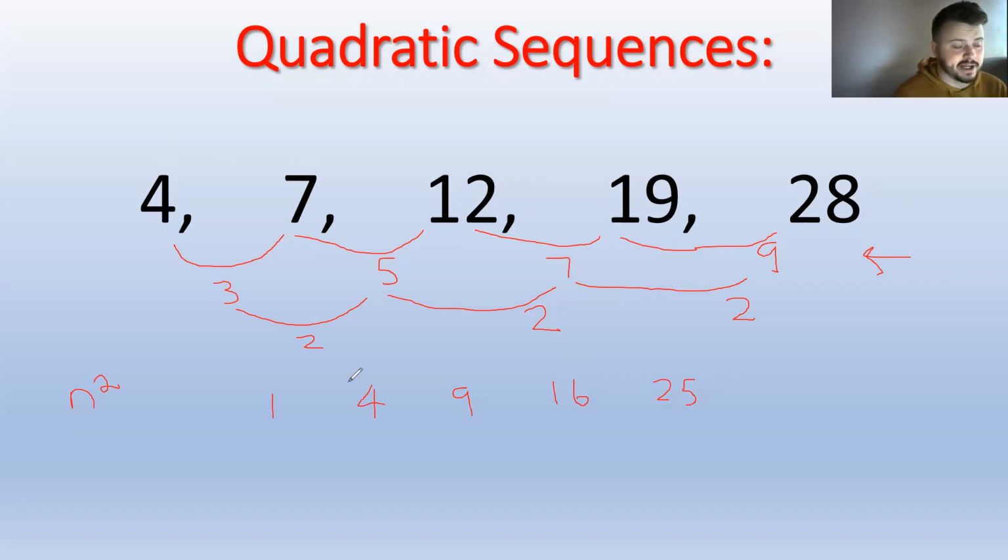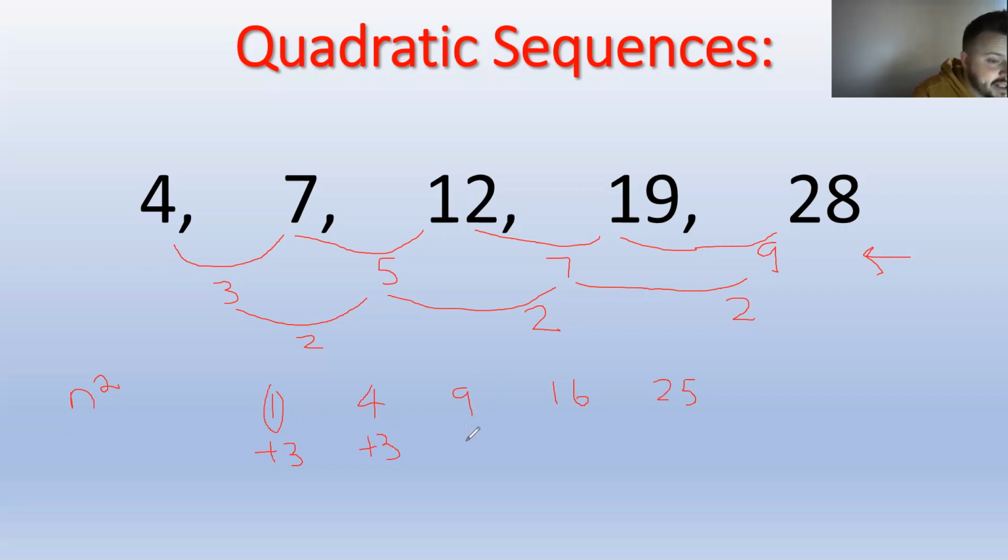Okay, then I've got to ask myself, how do I get from this number to the first number of the sequence? It's plus 3, isn't it? Okay, so I'm going to write plus 3 underneath. And then the second number, how do I get from 4 to 7? Plus 3. How do I get from 9, the third number, to 12, the third number of the original sequence?